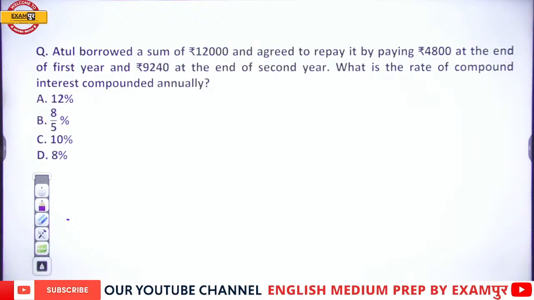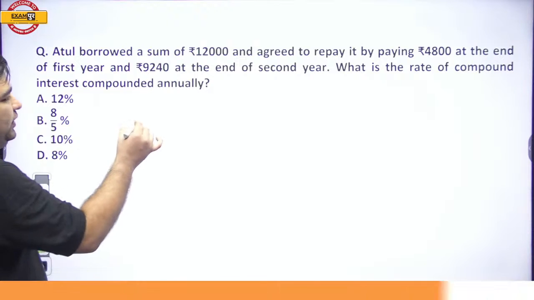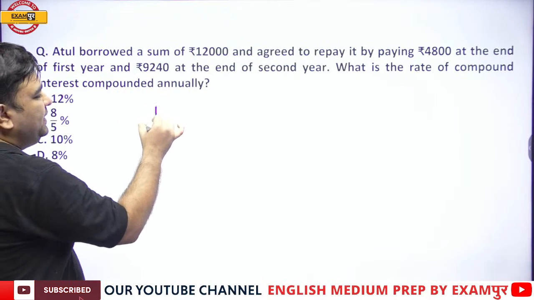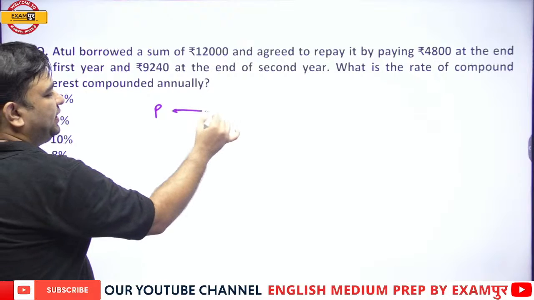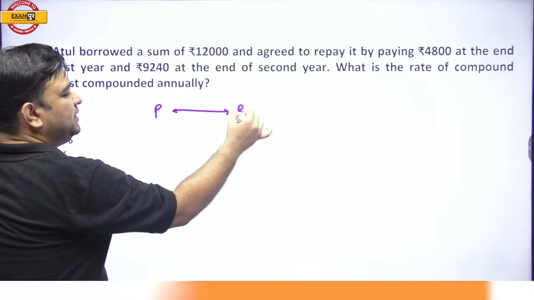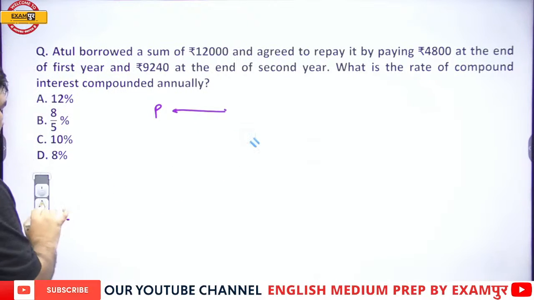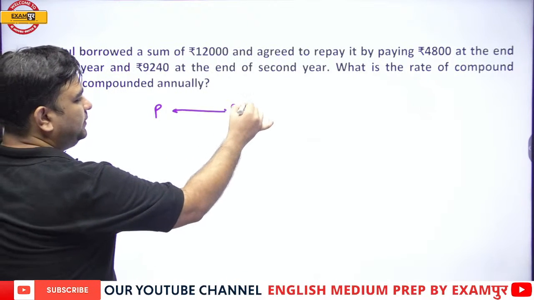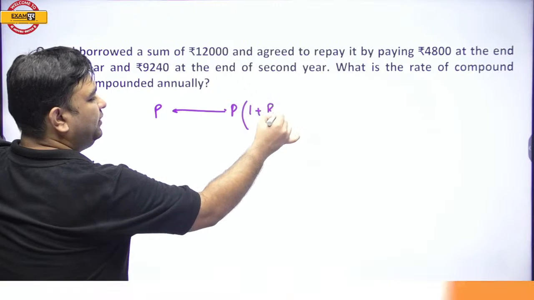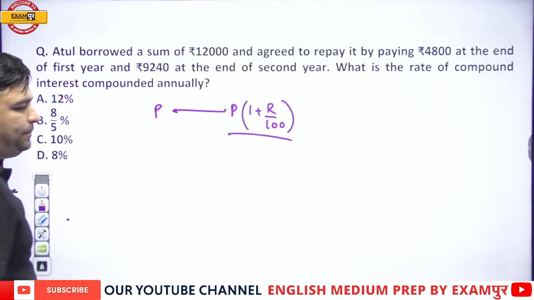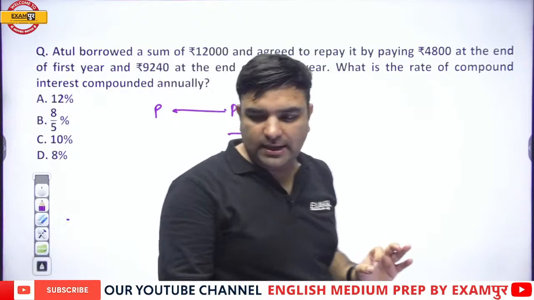The actual way of doing it is this. Look, P with the rate of R will become P(1 + R/100) after 1 year.